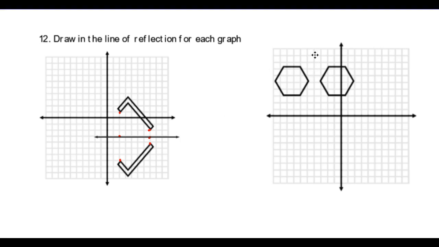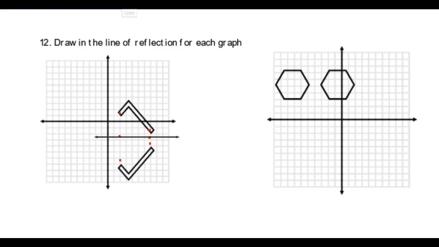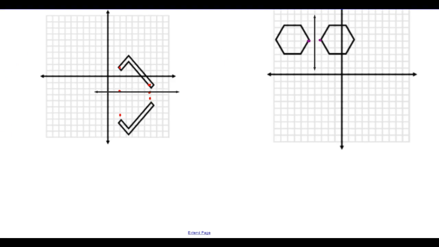Over here, it looks like it's right down the middle. In fact, right here. So I'm going to use this for my line of reflection. And if I want to double check, this point corresponds to this point, and they're 2 units apart, and 1 is right in the middle. Moving right along. Let's go to the next page.